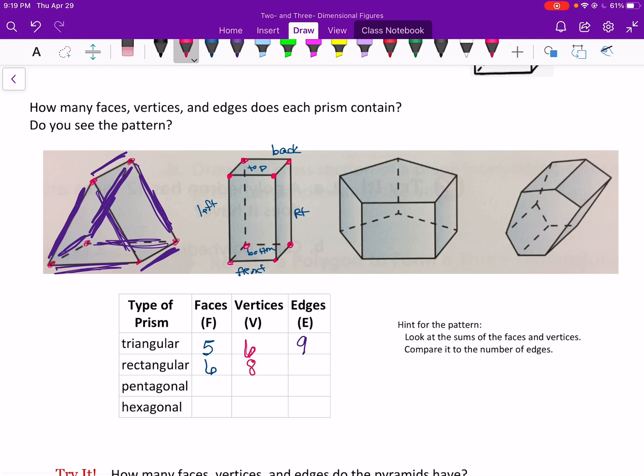And then finally, let's grab the edges. I'm going to go up and down first. 1, 2, 3, 4. And then the top, 5, 6, 7, 8. And the bottom, 9, 10, 11, 12.